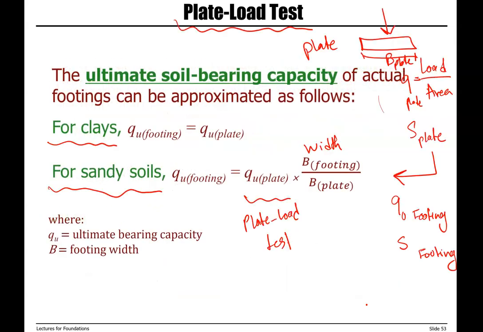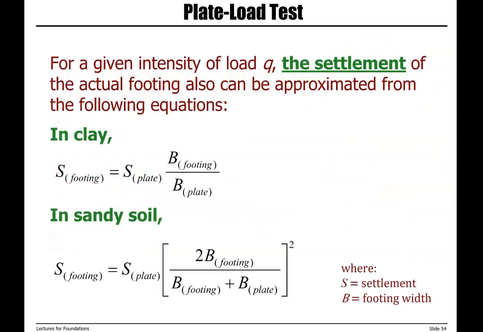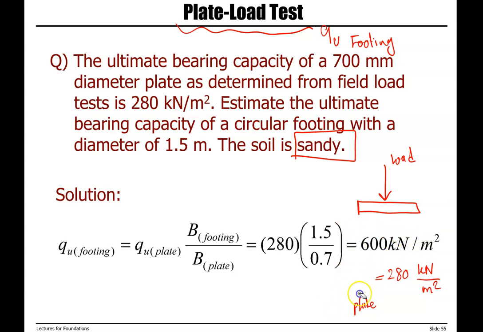So you need to go to the slide where we have the ultimate soil bearing capacity and select the formula for sandy soil. That's the formula we need to use. So this is the formula. You have your formula here, and then you just plug in numbers into the formula.